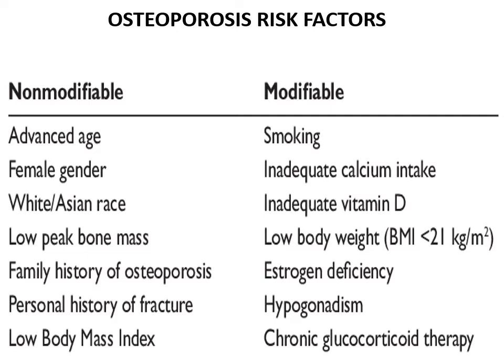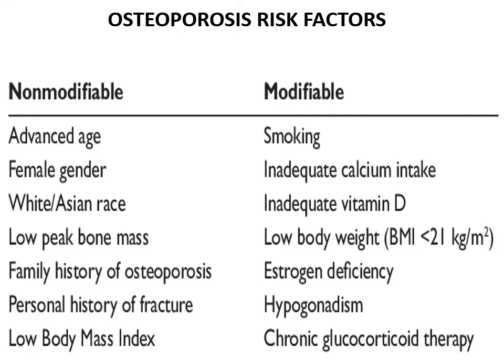Okay? Modifiable, so estrogen deficiency, well, it is modifiable if you have, say, early menopause, or you had to have surgery to have your ovaries removed at a young age, such as in your 30s or your 40s. You would be put on estrogen replacement for the very fact of protecting the bones from early onset of osteoporosis.